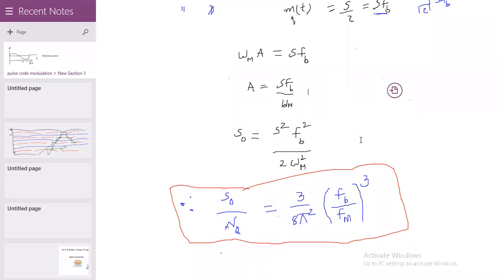S naught equal to A square by 2, ma'am. Actually S naught is equal to A square by 2. You derived A is equal to S into FB by omega M.